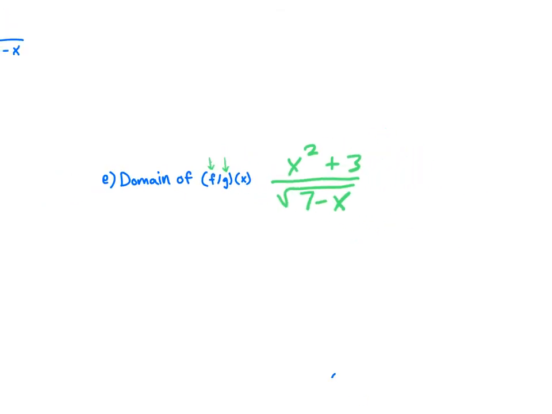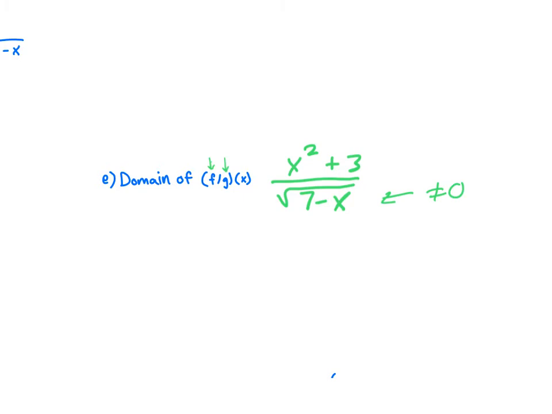And when it's the division one, so f divided by g, we have the added restriction that the denominator cannot be 0. So we have to check for 3 things here. We need to find the domain of f, the domain of g, and find when our denominator is equal to 0. And we have to include all 3 things in our domain.